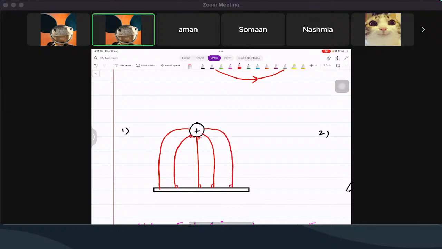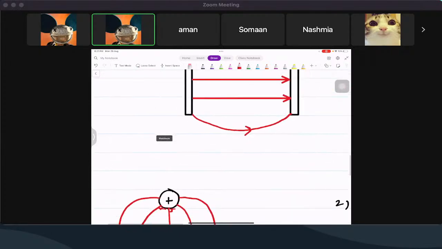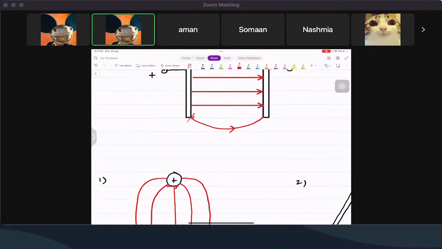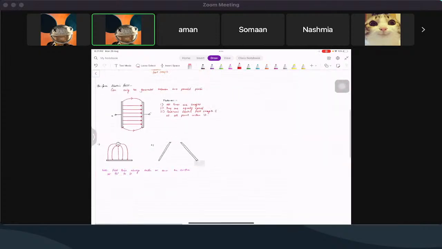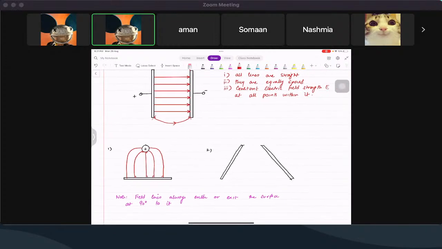And the reason why in the previous drawing I made curved lines at the end is, if you notice, this is the edge. Edge means this has to be 90 degrees, so it needs to go in and go out at 90. That's why. Do you guys understand this? Same goes for this one, where the lines will enter and exit at 90. But as the plates go further apart, you might realize that the gap between the field lines is also getting bigger.